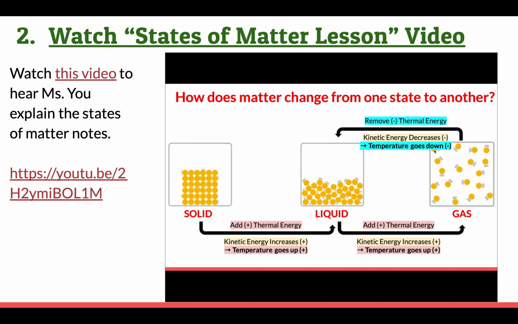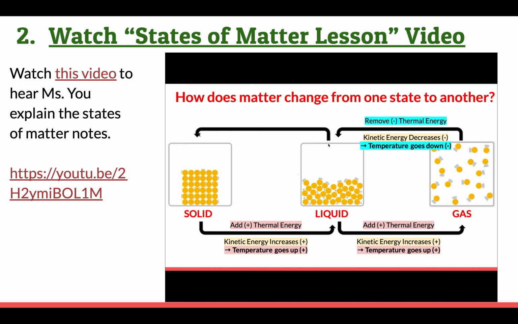So when you remove thermal energy, these particles will start to slow down and their kinetic energy will decrease. And when their kinetic energy decreases, that means that their temperature will also go down. And that's how you go from a gas to a liquid. You make these particles slow down, you make the temperature go down by removing thermal energy.